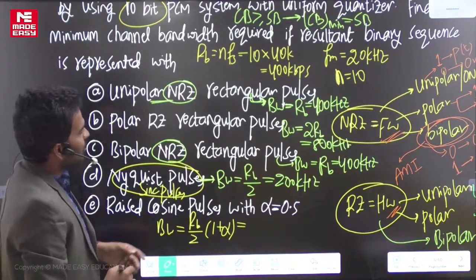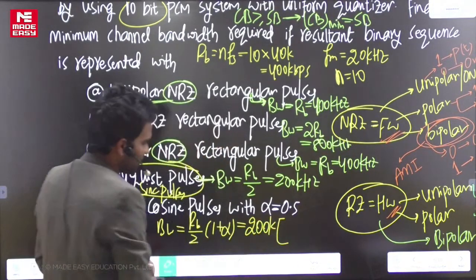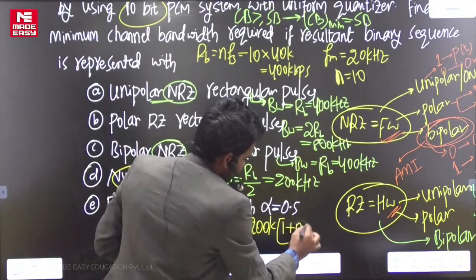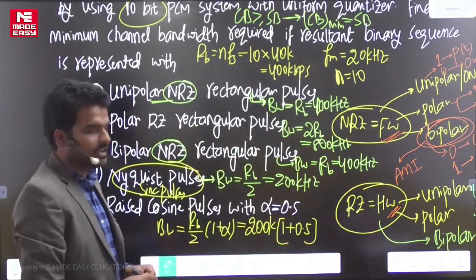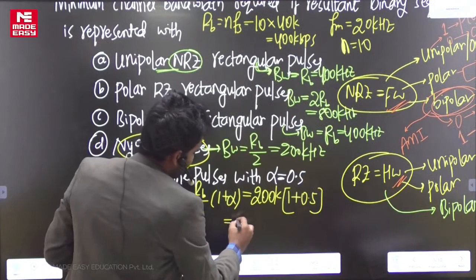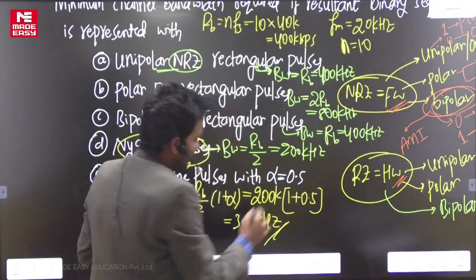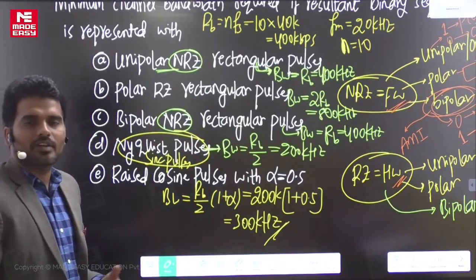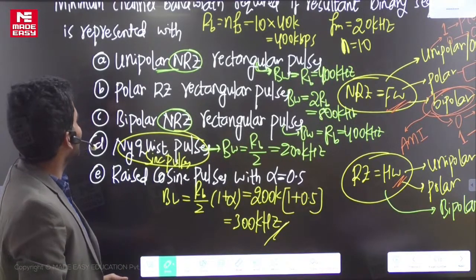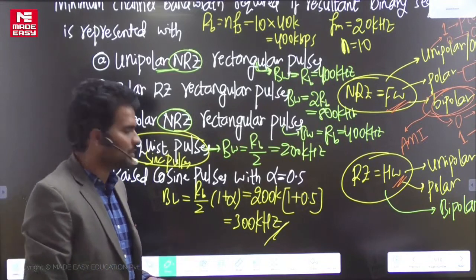Now RB by 2 is 200k, into 1 plus alpha, which is 1.5. So this will be 300 kHz. This is how you can find the PCM bandwidth where the binary sequence is represented by different pulses. It is an important model of question.